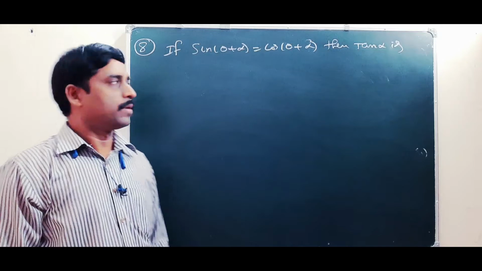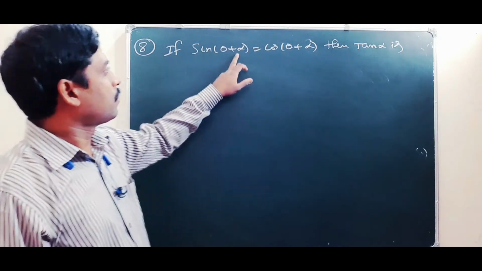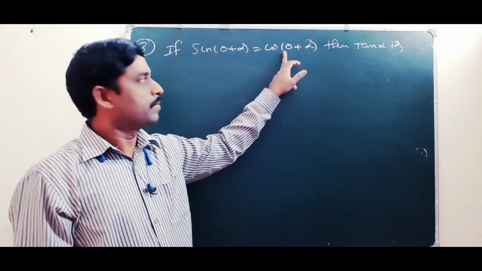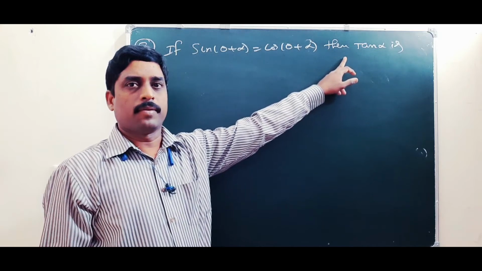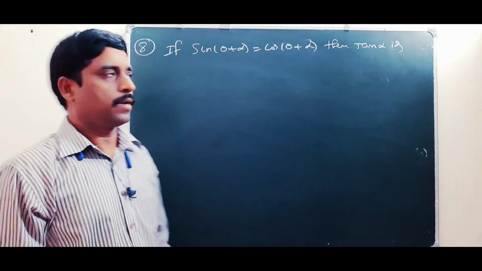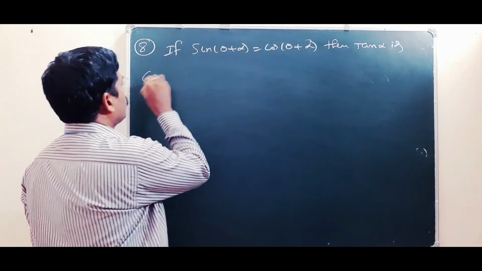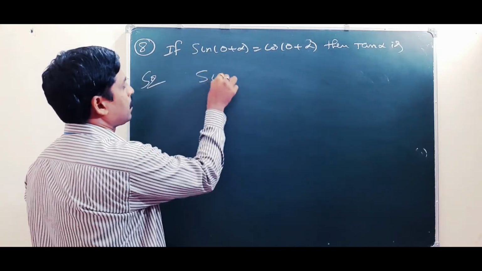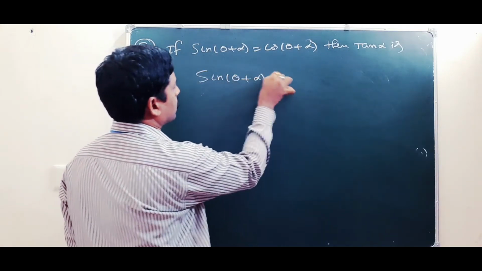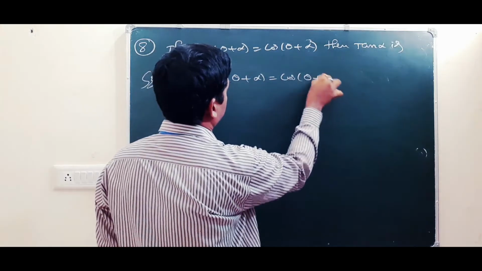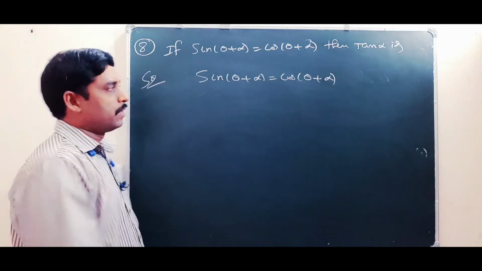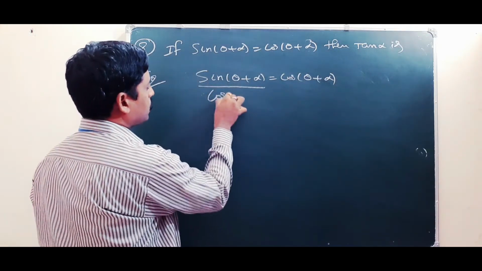Okay, let us go to the next problem. Sin of theta plus alpha equal to cos of theta plus alpha. Then we have to find tan alpha. Okay, what is given? Sin theta plus alpha equal to cos theta plus alpha. Divide cos theta plus alpha on both sides.